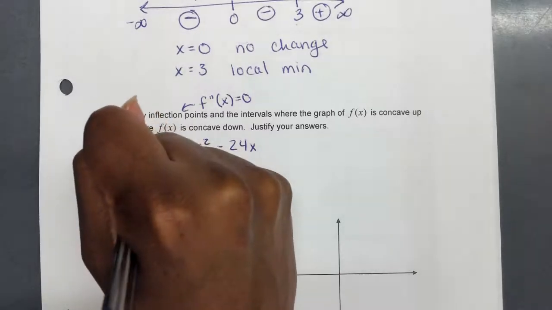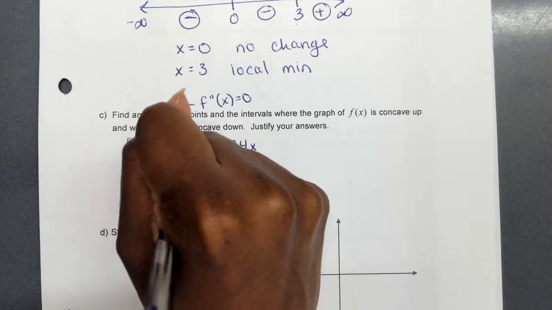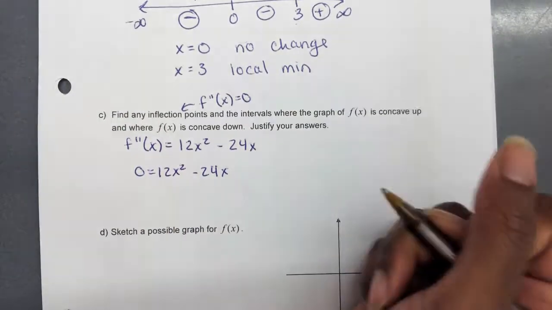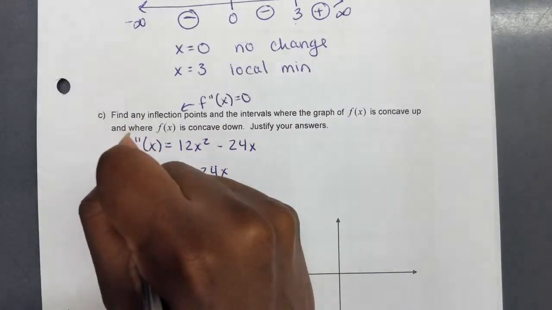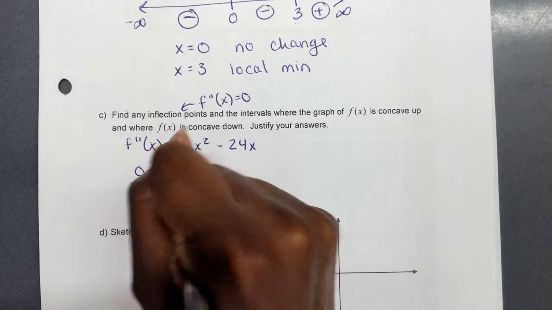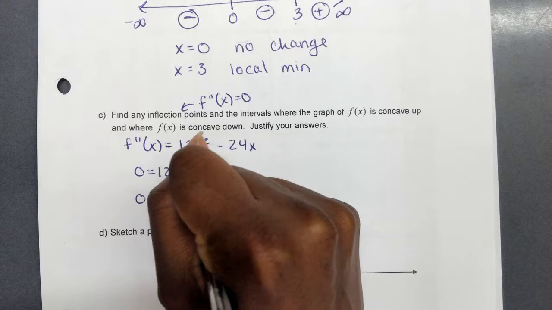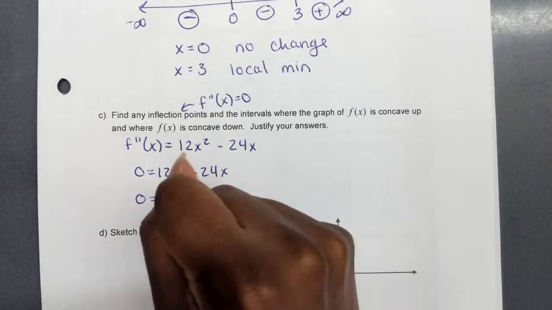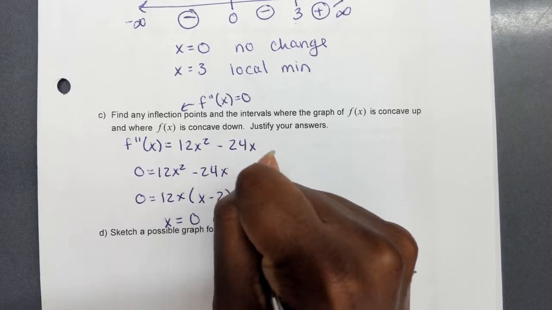So we want that to equal 0. So when we factor out a 12x, we get 12x times x minus 2. So x is equal to 0 or x is equal to 2.